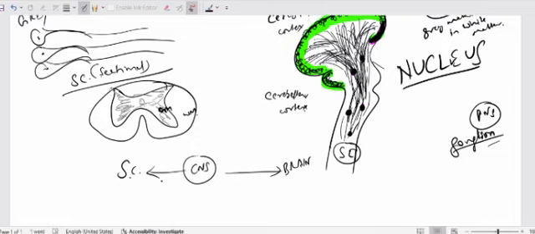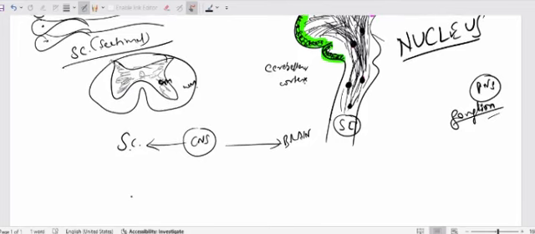So at the level of the brain stem, if you remember the anatomy from first year, at the level of the brain stem, there is always a crisscross. You know, crisscross or decussating, we say, like they are crossing the channel.